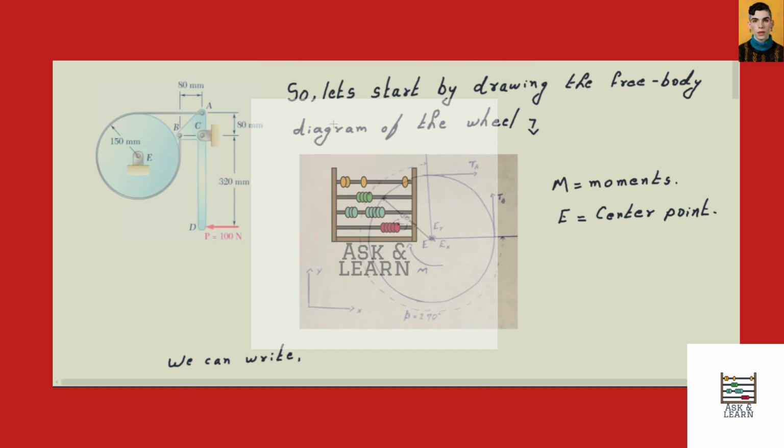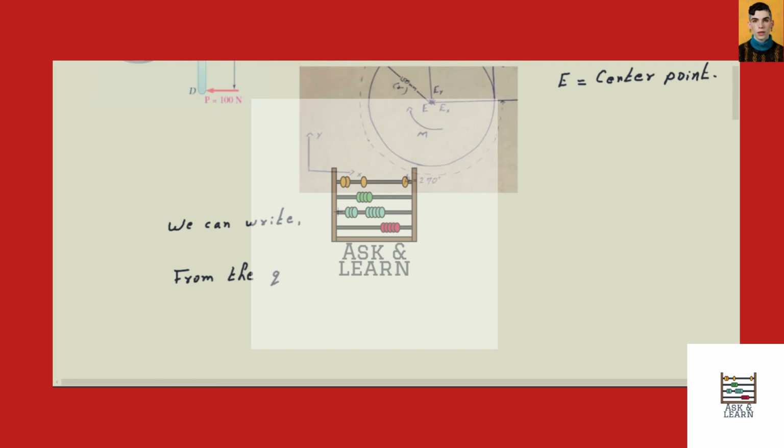Now we know the relationship between TA and TB, that is TB equal to TA into e raised to mu s beta. From the question, the value of mu s is given as 0.25, and from the free body diagram we found beta is 3 pi by 2, that is 1.5 pi, that is 270 degrees. Let's substitute the values of mu s and beta in the equation.